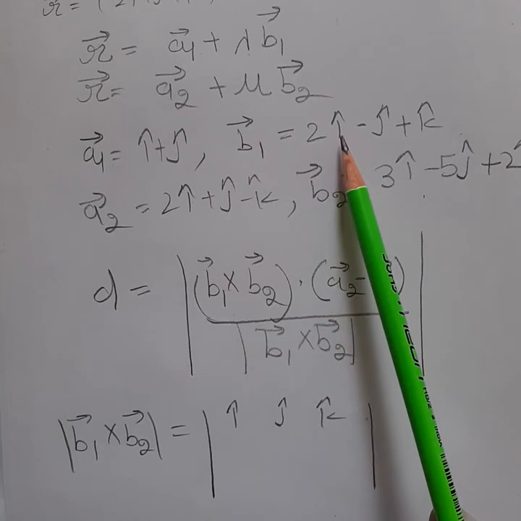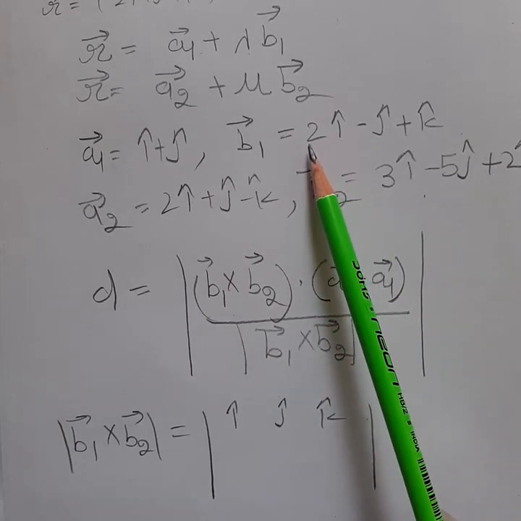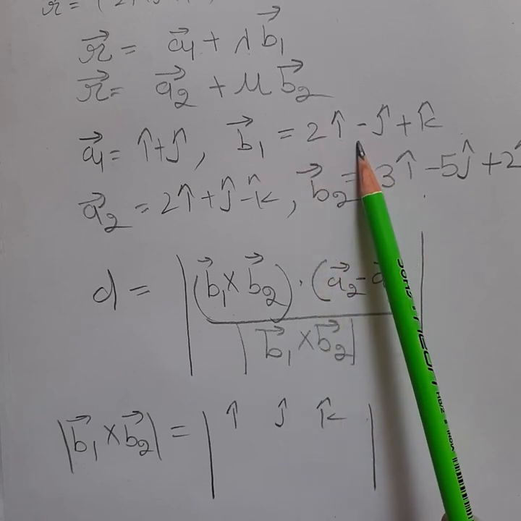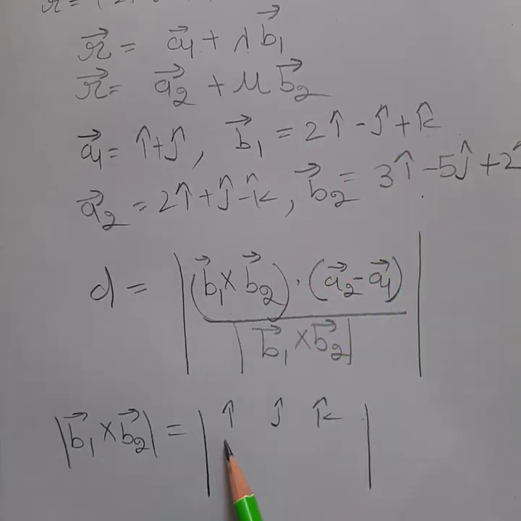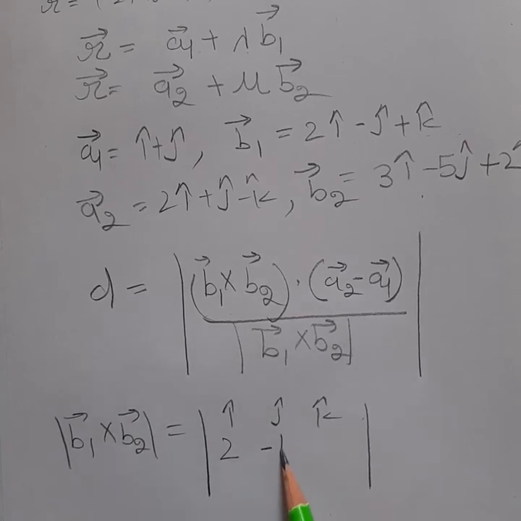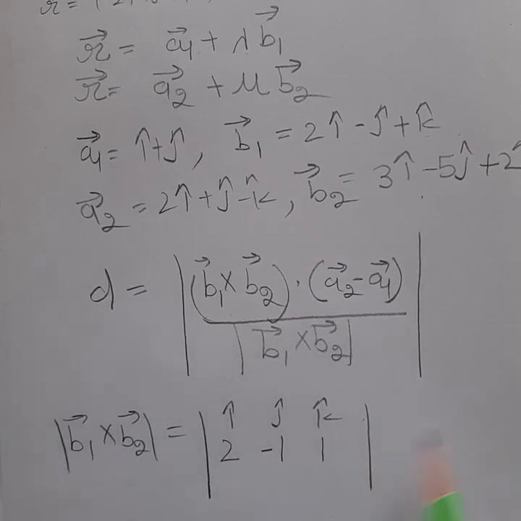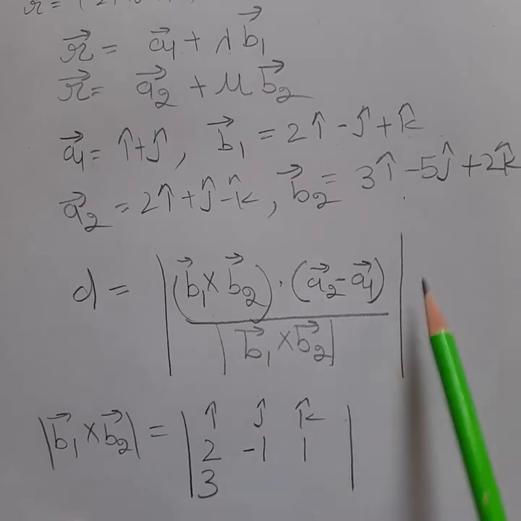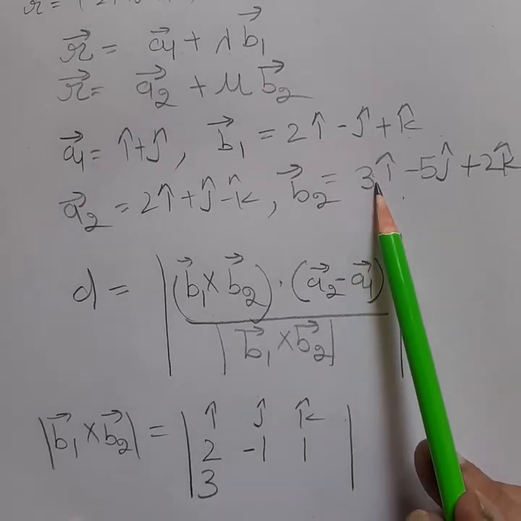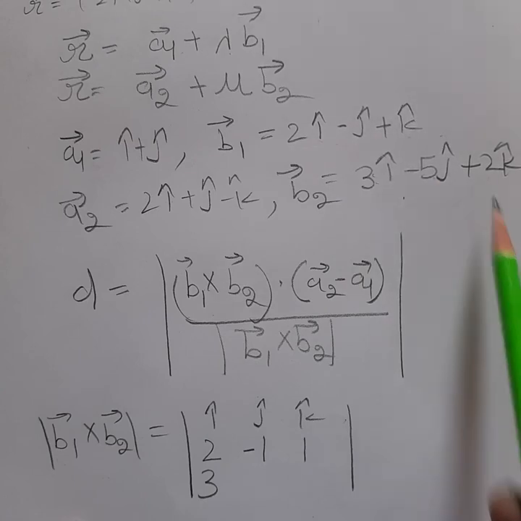The coefficient of i is 2, j is minus 1 and k is 1. Then you can write here 2, minus 1 and 1, and the coefficients of b2 are 3, minus 5 and 2.